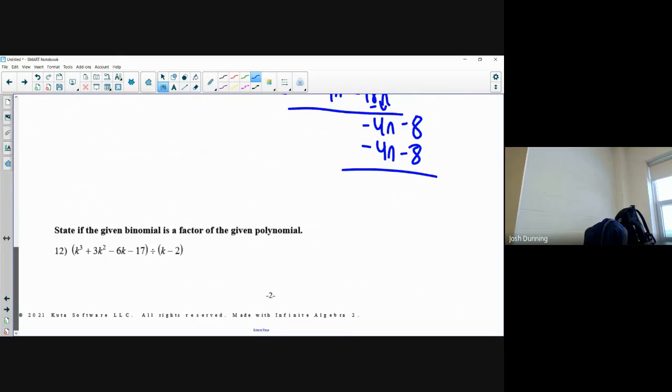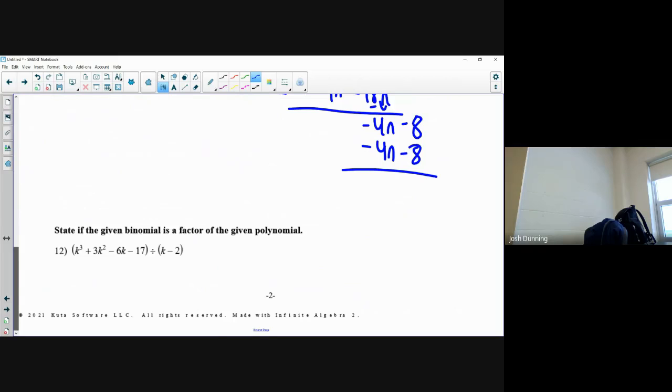Now, 12, see if that binomial is a factor. Now, when you divide, you would get no remainder if it is, and I didn't explicitly say use the remainder theorem, so I suppose you could divide. But like we just went over, I am checking if that's a factor.